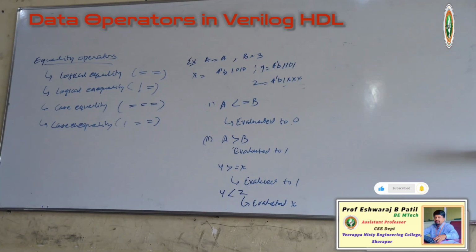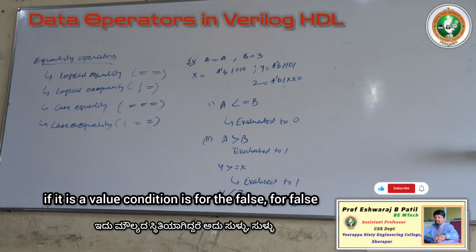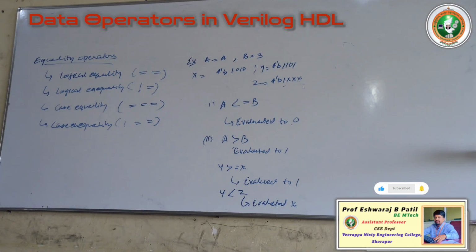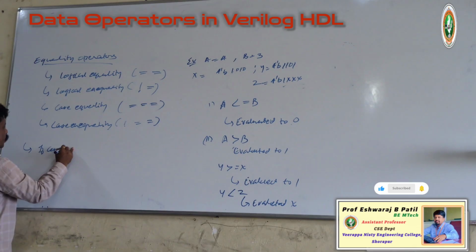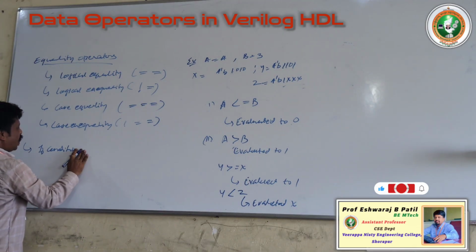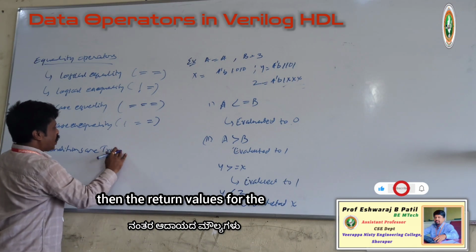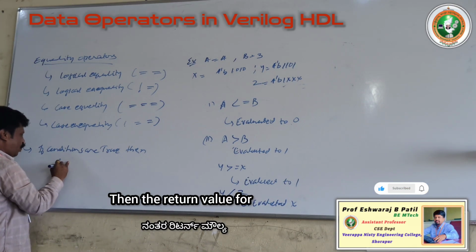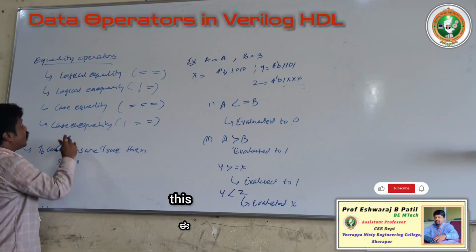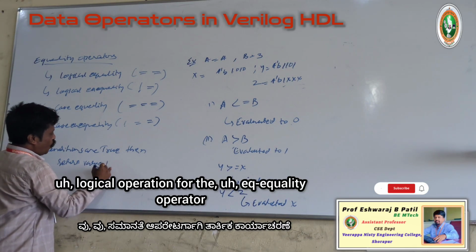Is that true? We can have the values of these operators equal to 0 if it is a false condition. If the conditions are true, then the return value for the equality operations is 1.